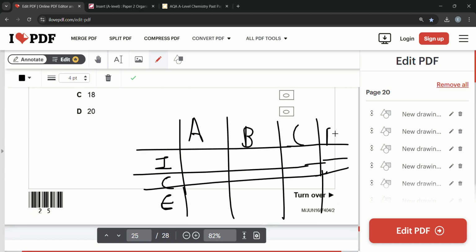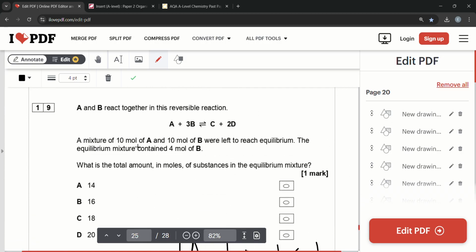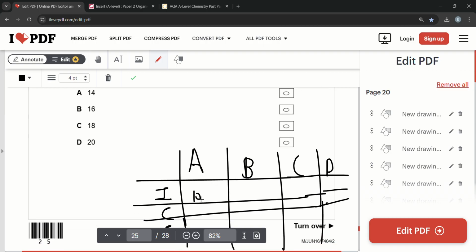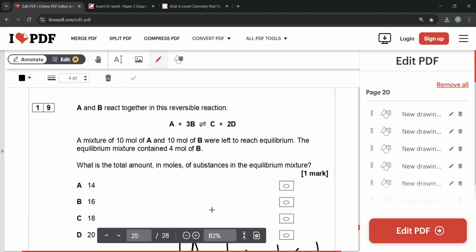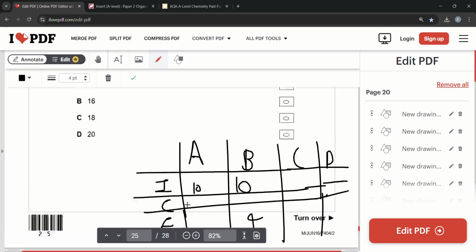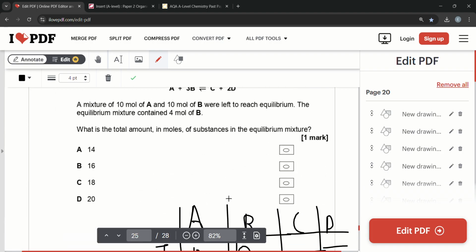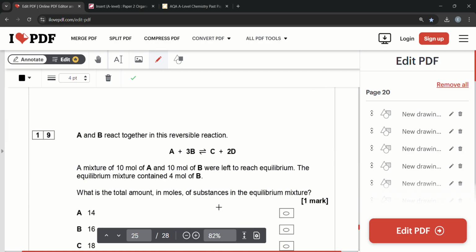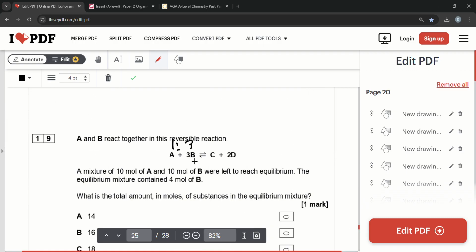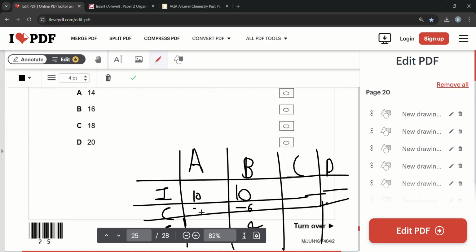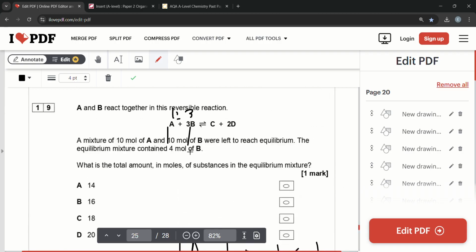We know a mixture of 10 moles is left at equilibrium, so we've got 10 here, 10 here. The equilibrium mixture contains 4 moles of B, so that's equilibrium moles. So it's decreased by 6. But that's a 1 to 3 molar ratio. So if that's decreased by 6, that's going to decrease by 2. We've got 8 here. However, if it's decreasing on one side, it's going to increase on the other side.